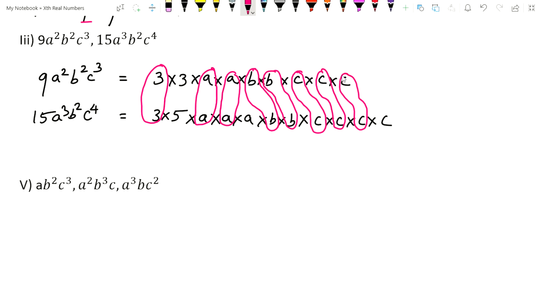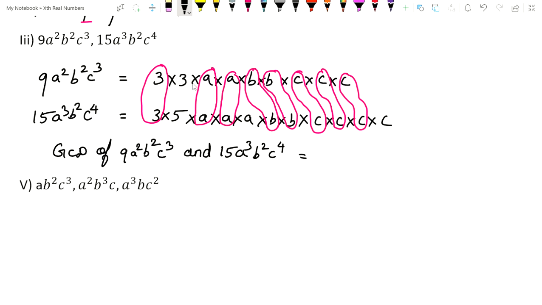So this is the GCD of the given sum. GCD of 9a square b square c cube and 15a cube b square c power 4 equals: here the number 3 is common, so 3. A, here how many a's are there? 1, 2.